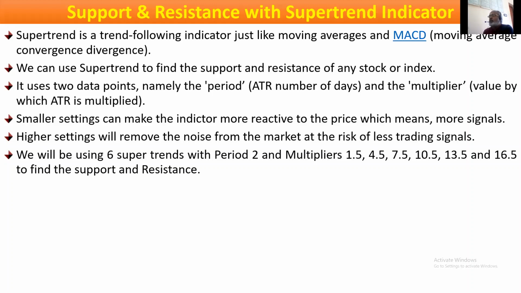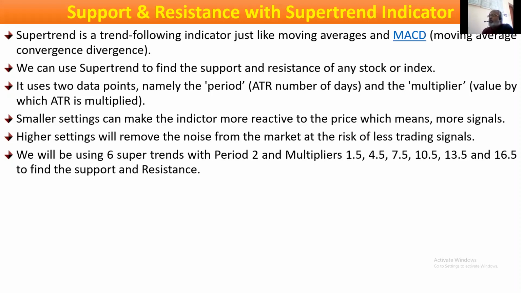Suppose you use only 3, what happens is that all the 3 lines can go up, and then you don't know where the support will be. Or if all the 3 lines are below, you won't know where the resistance is. That is the reason why I have introduced 6, so that there will be some combinations, 4 and 2 or 2 and 4, where you can find the support and resistance.